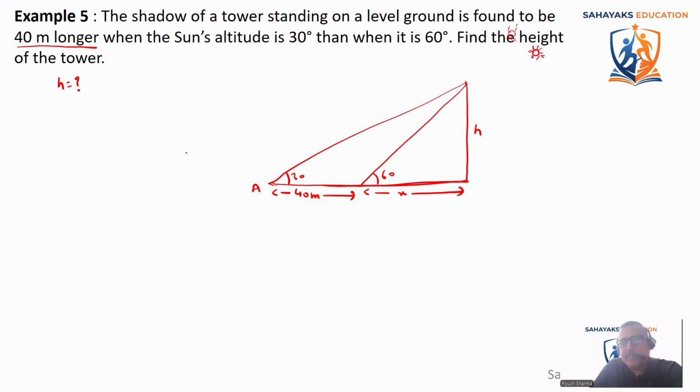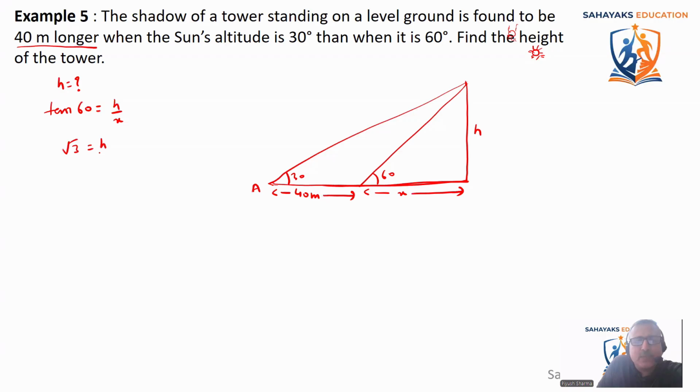To find this, let's see in which ratio H and X come. It comes in tan. So I'll say tan 60 is equal to H by X. The value of tan 60 is root 3.